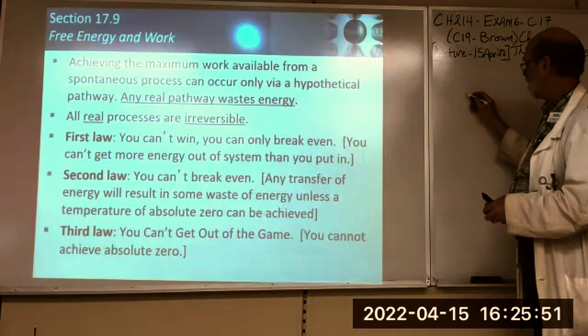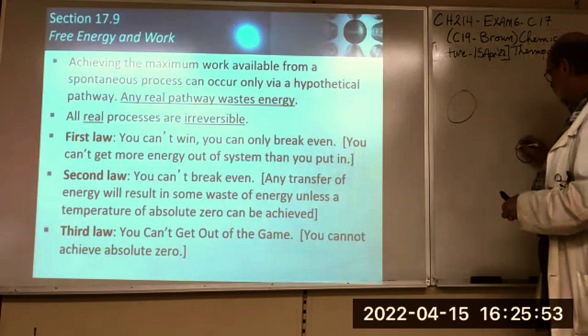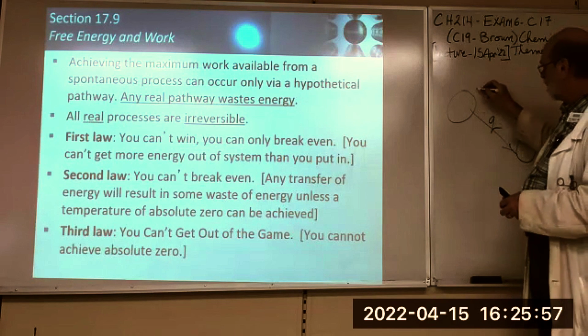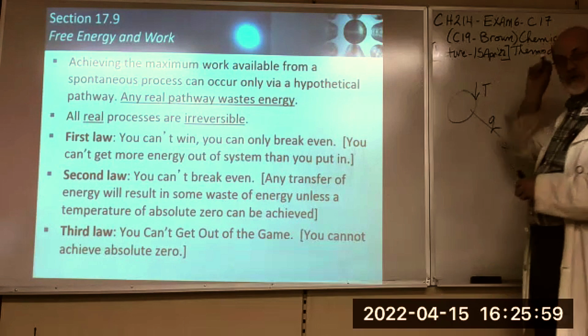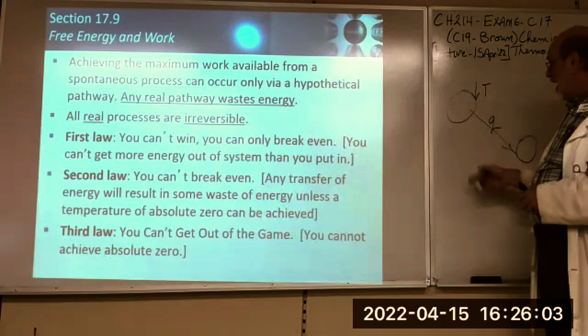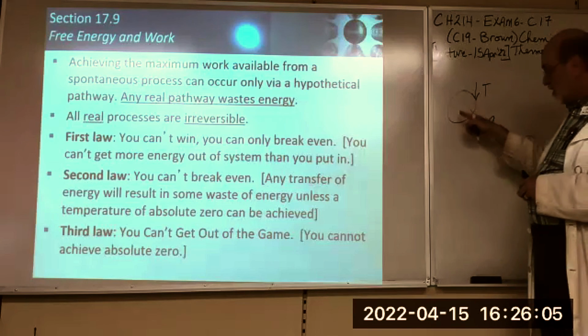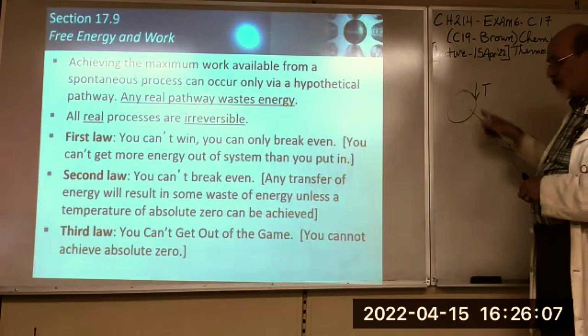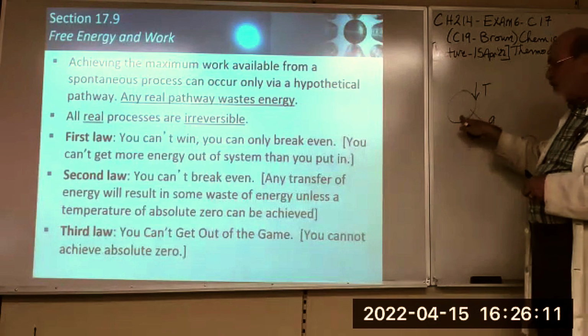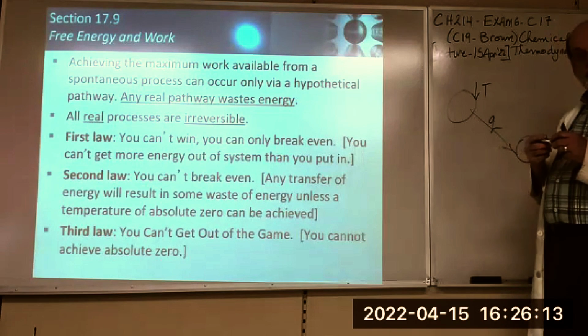So if you transfer from this one to this one, then this one will decrease in temperature, right? If you're headed for absolute zero, how are you going to couple this one to a lower temperature so that you can make absolute zero? It won't happen. There's nothing lower than absolute zero, so you're never going to get there.